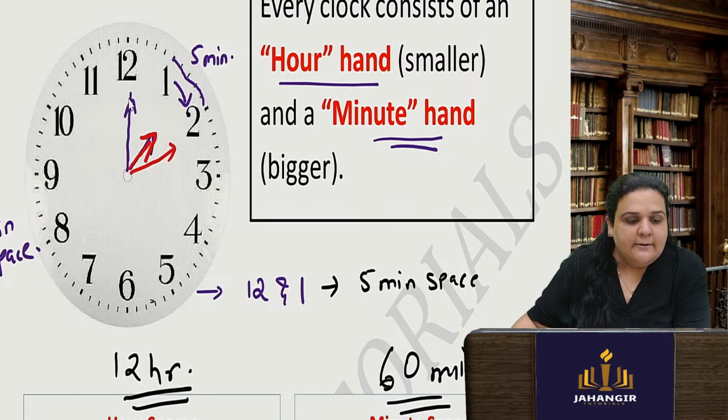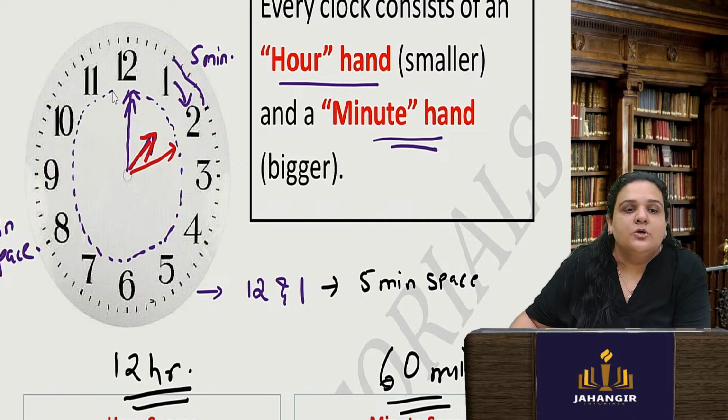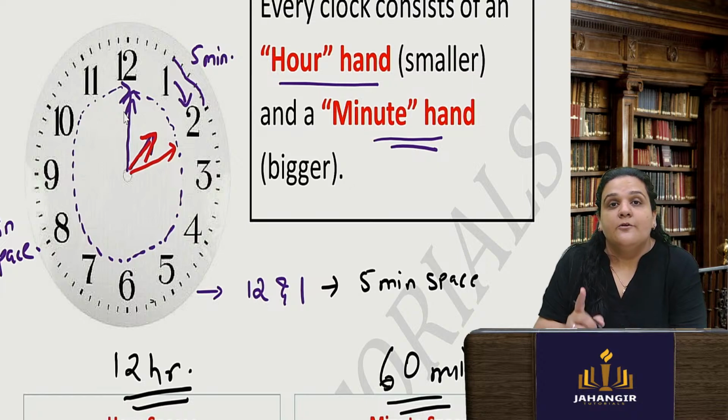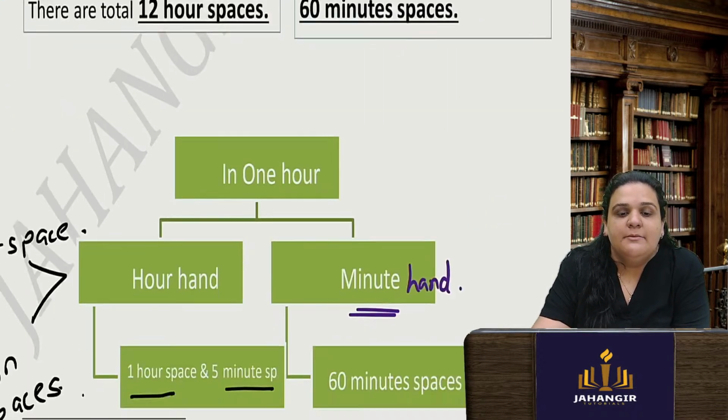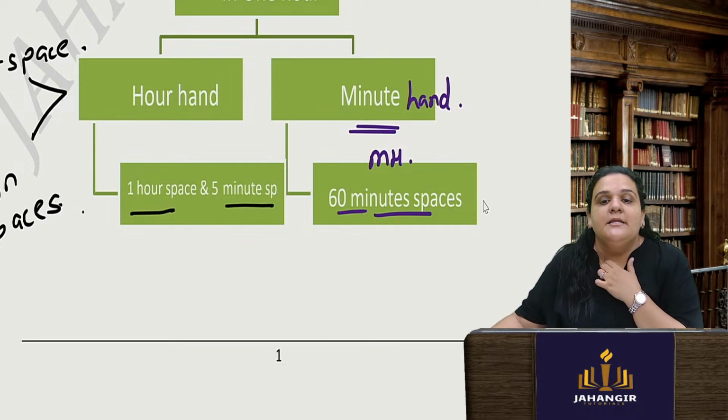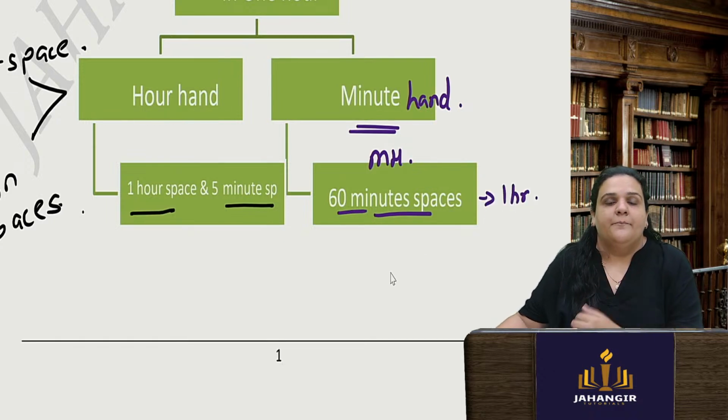This minute hand is going to complete the entire round. So it is going to move 60 minute spaces. Our minute hand is going to move 60 minute spaces in 1 hour.